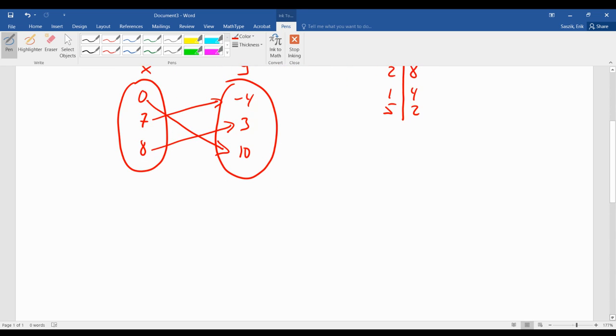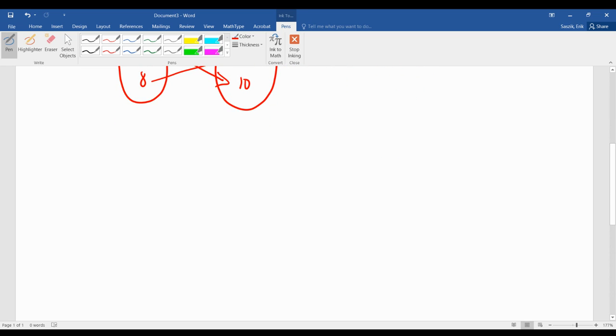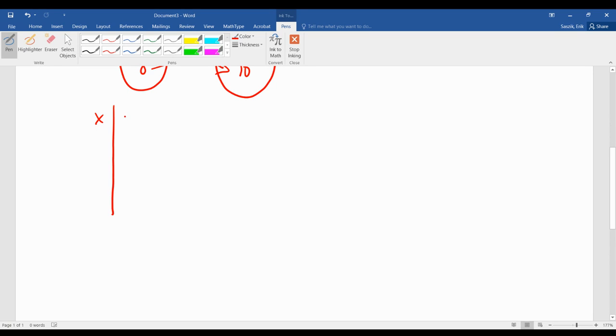What I want to talk about is functions right now. Now, functions are, the easiest way to explain it is to probably show you something that's not a function first. Okay, so this is a relation.